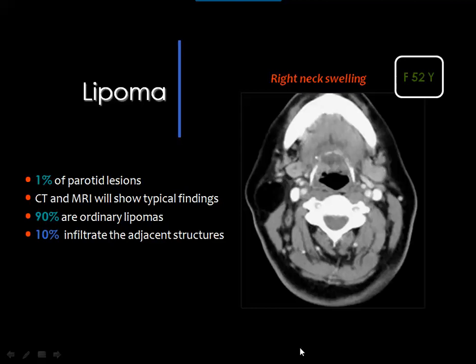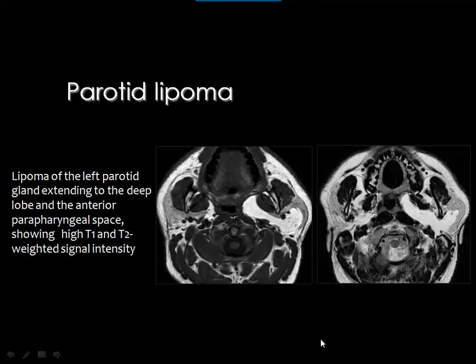Then lipoma can also occur within the parotid gland, and you get a fat containing lesion within the superficial or even the deep lobe of the parotid gland, with no evidence of enhancement, calcification, or soft tissue components. And this is an example of parotid lipoma.